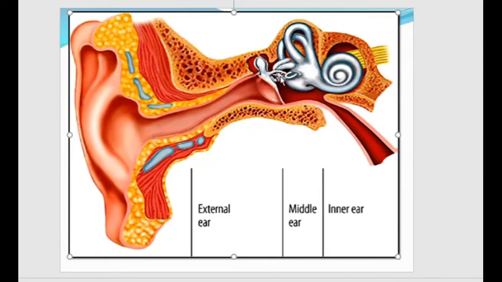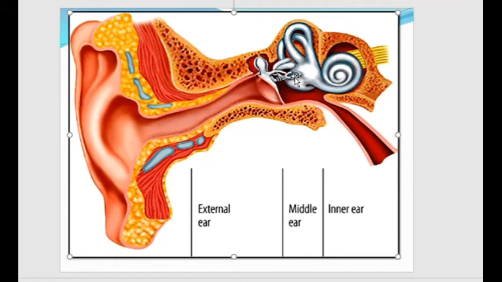These bones, which transmit the sound waves into the third part of the ear, the inner ear, are three in number, and they are called the malleus, the incus, and the stapes.